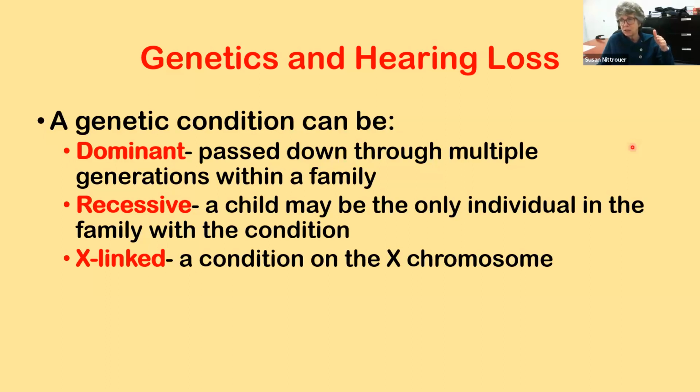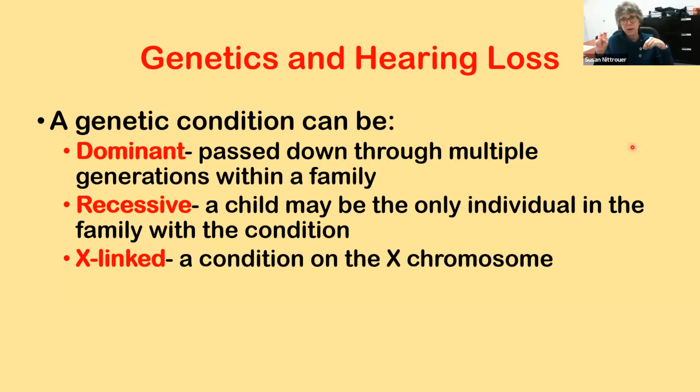Usually with these conditions, the phenotype is more affected for boys than for girls. So you've probably heard of Fragile X syndrome. And the reason for that is that boys get only one X chromosome, whereas girls get two.